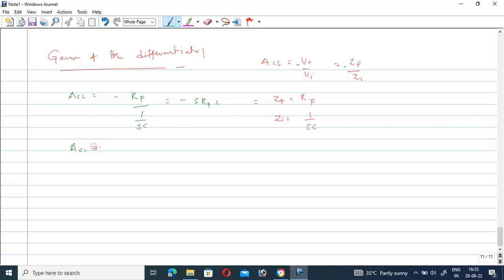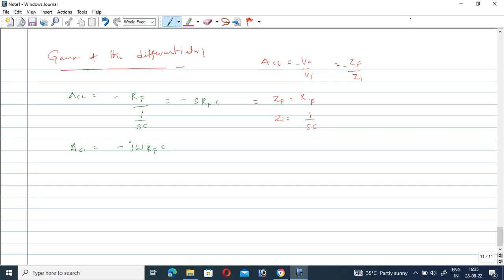Therefore, ACL is equal to minus J omega RfC.